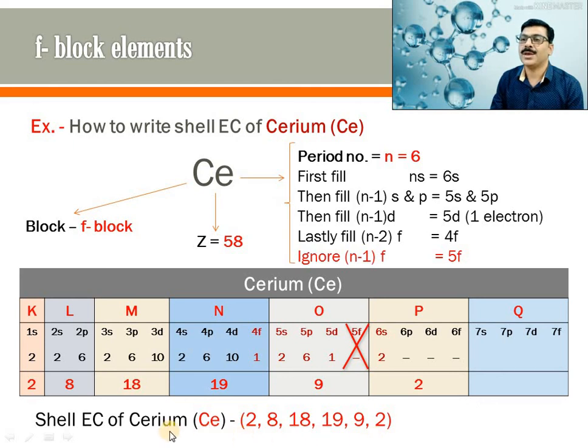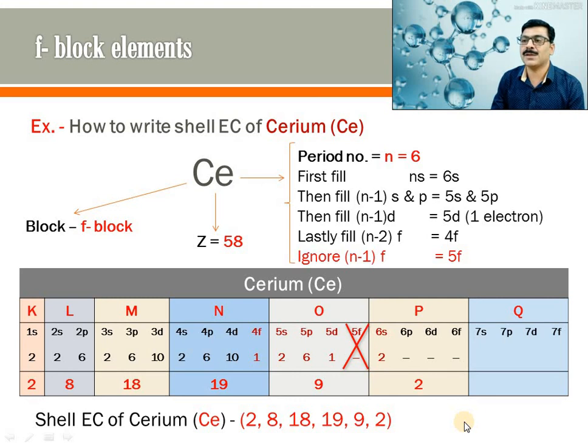In this way, you can write the shell electronic configuration of an f block element, but you have to remember the 5 things. The first thing is, first you have to fill up the ns orbital, then you have to fill up the n-1 s and p orbitals, then fill up the n-1 d orbital, and lastly fill up the n-2 f orbital, and ignore the n-1 f orbital.